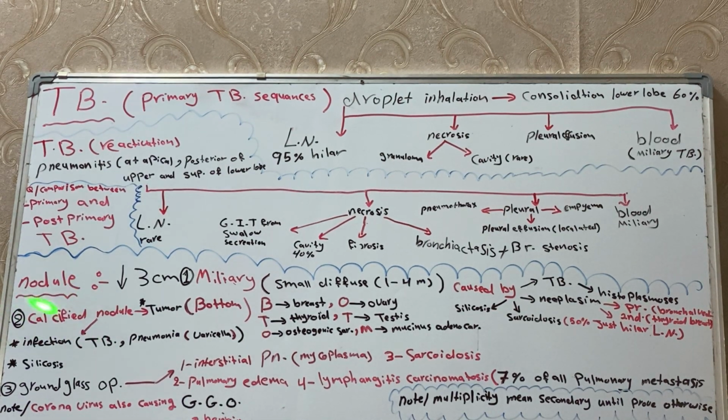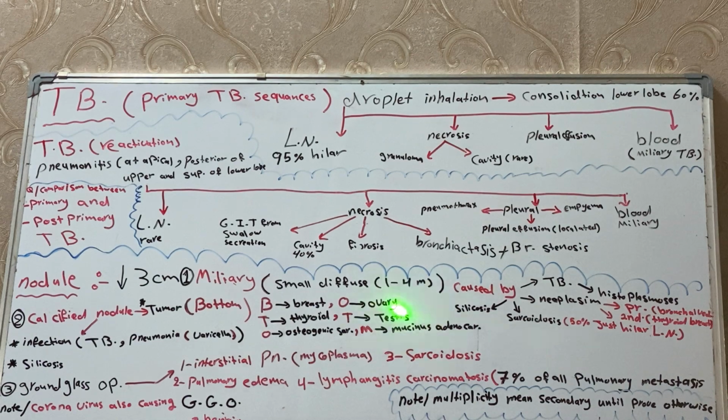The second nodule abnormality is the calcified nodule. The calcified nodule is caused by tumor, infection, or silicosis. For the tumors causing calcified nodule, the mnemonic is BOTTOM. B, breast. O, ovary. T, thyroid.